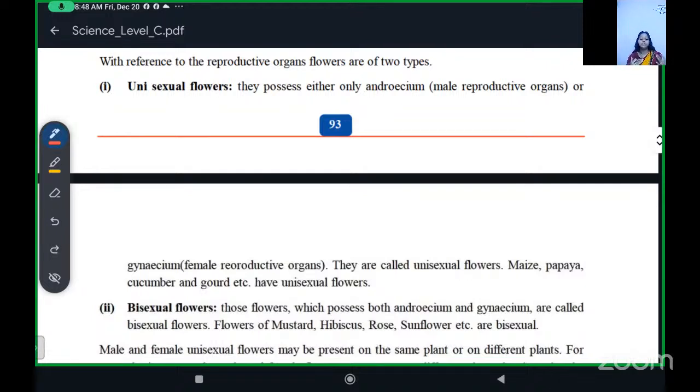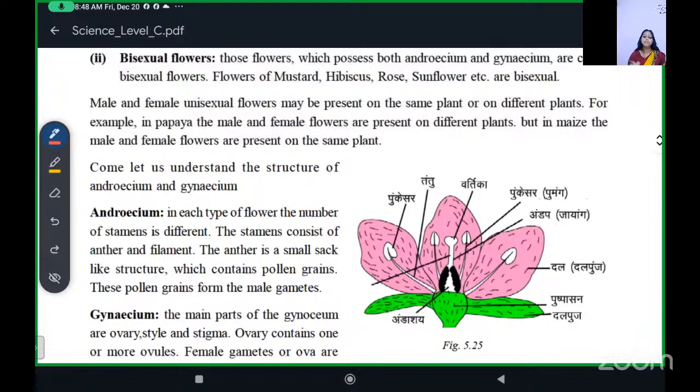Then we have bisexual flowers, which have both the androecium and the gynoecium. Examples are mustard, hibiscus, rose, sunflower, etc. Male and female unisexual flowers may be present on the same plant or on different plants. For example, in papaya, male and female flowers are present on different plants, but in maize, they are present on the same plant.